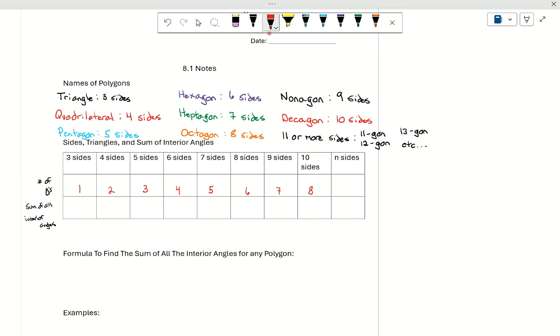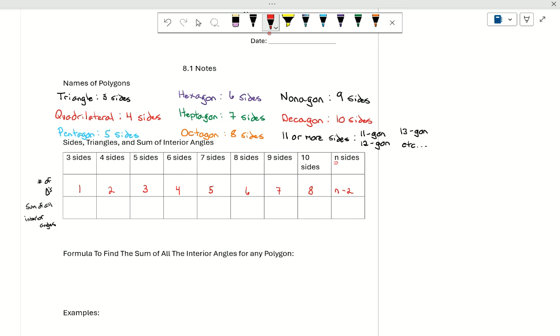Now, this last column here, which says n sides, n means we don't know how many sides a shape has. This is like a general formula. But we do know that the number of triangles is always 2 less. So if there are n sides, that means there are going to be n minus 2 triangles that we could create inside that n-sided shape right there.